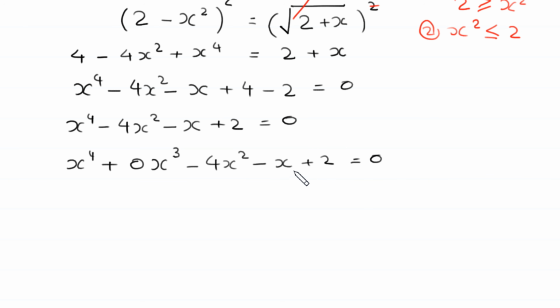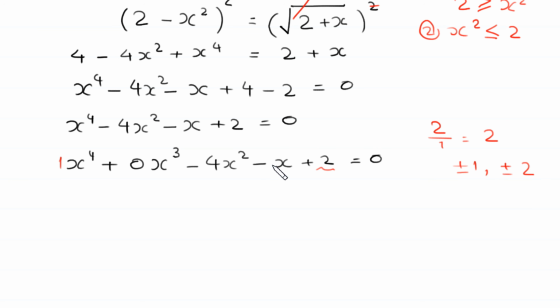Now in this expression we have constant 2, and the leading coefficient of this x to the power 4 is 1. If we divide this 2 by this 1, 2 divided by 1 is equal to 2. And factors of 2 are plus or minus 1 and plus or minus 2.